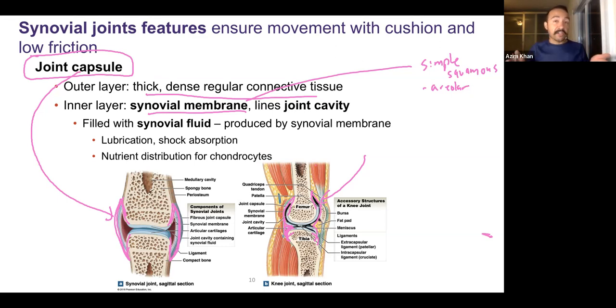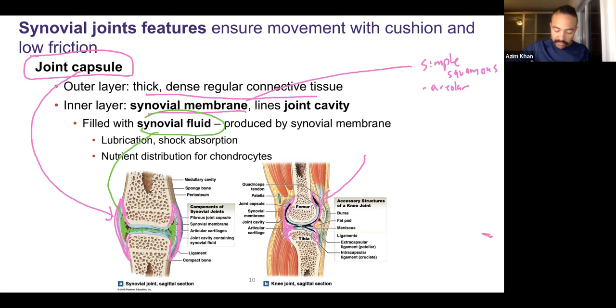The joint cavity is literally a cavity. It's a space, and that space is filled with fluid, synovial fluid. That synovial fluid, let me use a different color, is what's filling this joint cavity, the space between the bones.